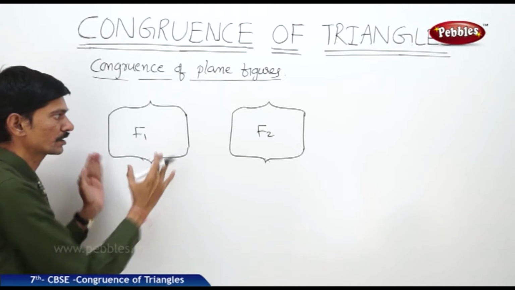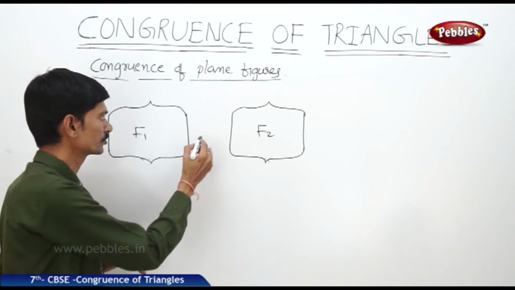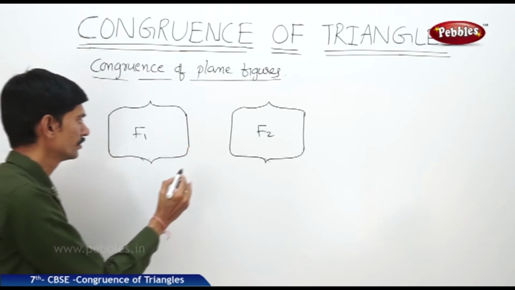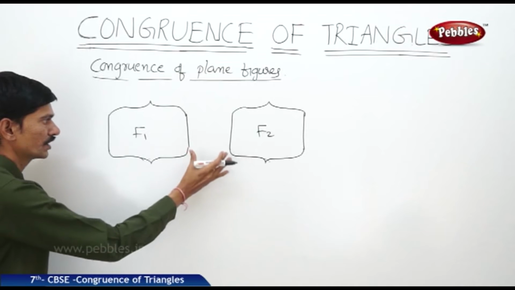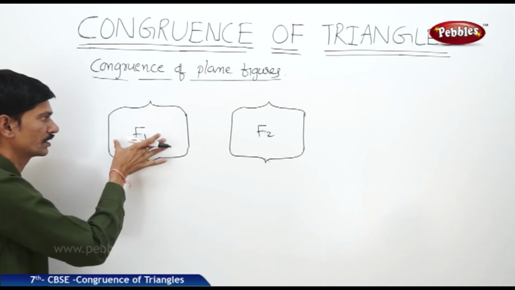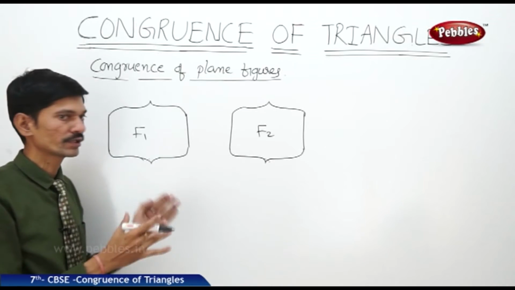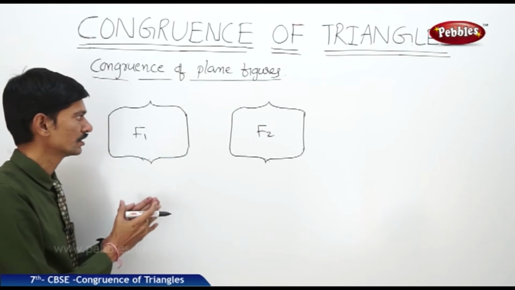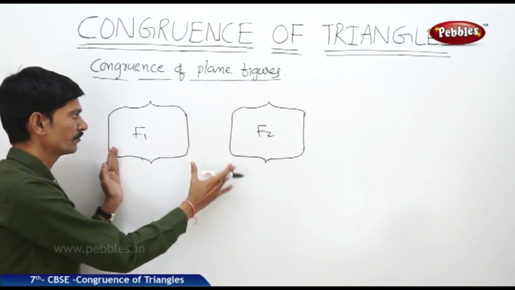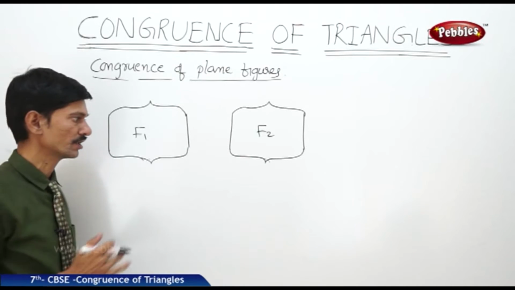If the two figures cover each other exactly, then the two figures are said to be congruent to each other. So if you take the trace copy of figure F2 and place it over the figure F1, and the two figures exactly cover each other, then we say that the two plane figures F1 and F2 are congruent to each other.